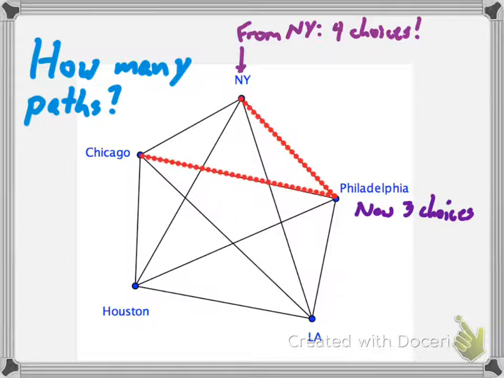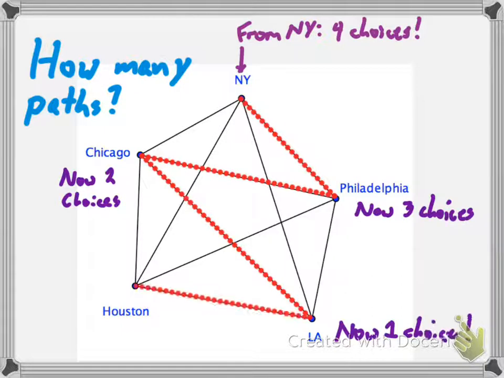Say we go to Chicago. From Chicago, I only have 2 choices left. I can't go to New York and I can't go back to Philadelphia. Then from LA, there's only 1 choice. If I multiply all those together, that's the number of paths that we have. So 4 times 3 times 2 times 1 is 24 different paths from New York.